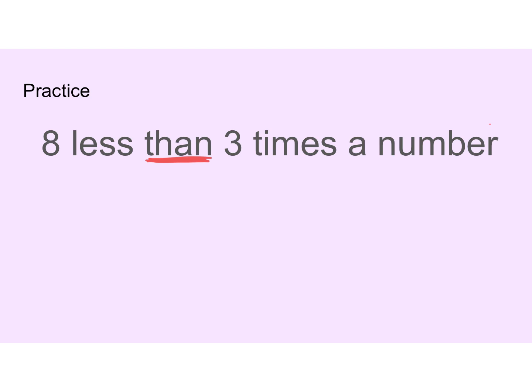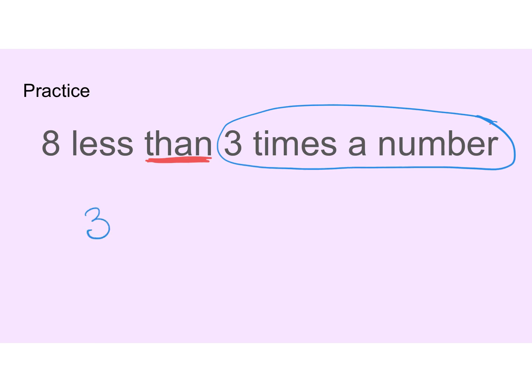So hopefully you recognized that the 3 times a number, that needs to come first. So 3 times a number, less, which means subtraction, and then the 8. So all of that becomes last.